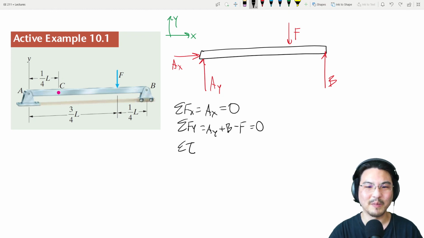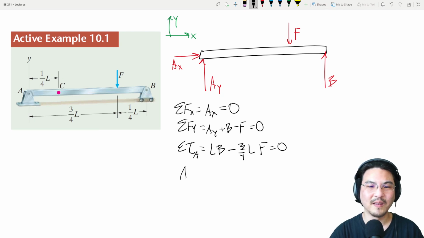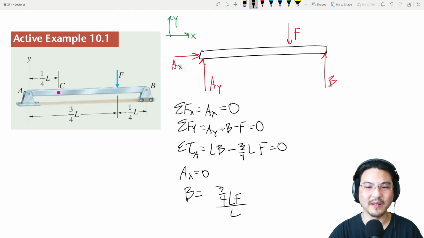How about right here, about point A. The torque from B is positive in the positive Z direction, so positive L times B. Then negative, and from here to here is 3/4 L, so negative 3/4 L times F, and that's it. So AX is 0, and B is 3/4 LF divided by L, so 3/4 F.